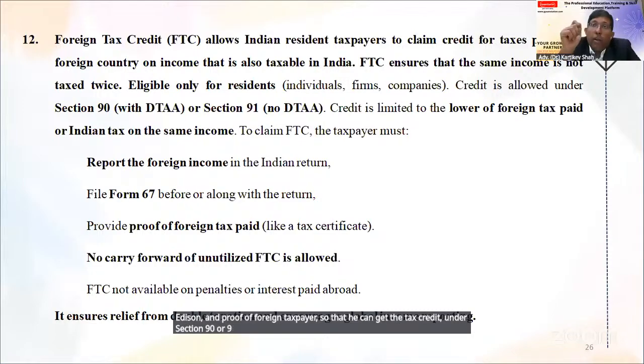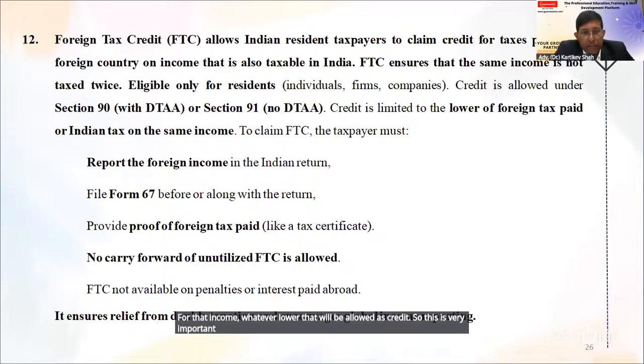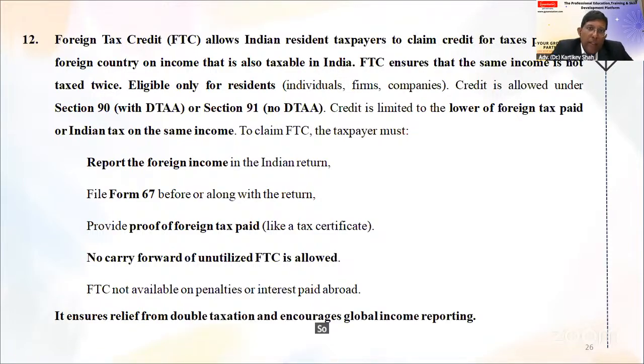And whichever is lower, whether the foreign tax paid or the tax he has to pay in India for that income, that will be allowed as credit. So this is very important, foreign tax credit. Basically, this credit is allowed and serves the purpose of avoiding double taxation.